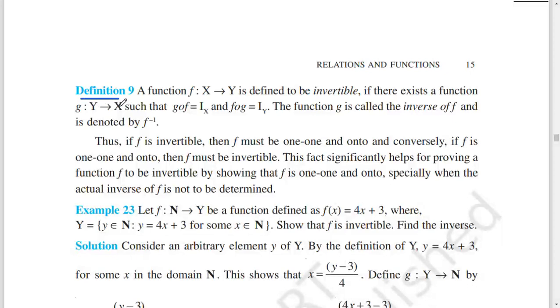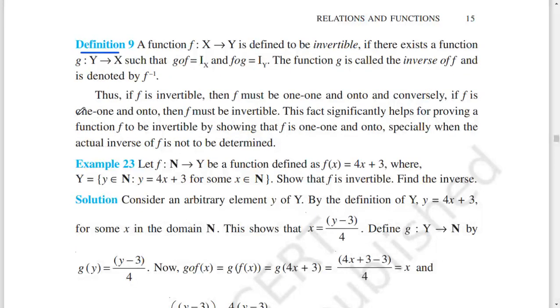Definition 9. A function f: X → Y is defined to be invertible if there exists a function g: Y → X such that g∘f = I_X and f∘g = I_Y. The function g is called the inverse of f and is denoted by f⁻¹.